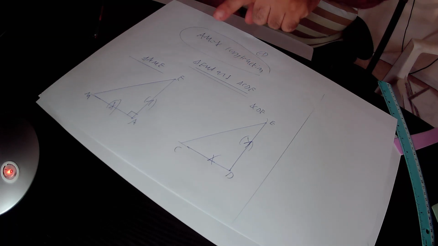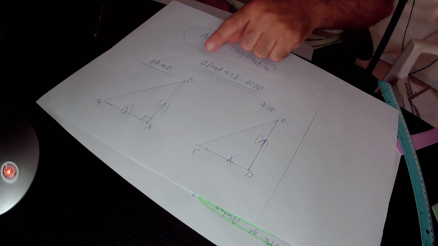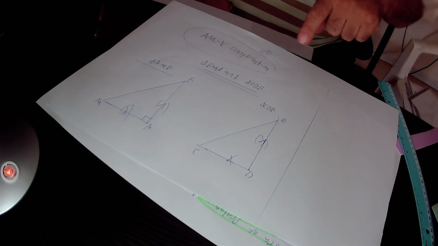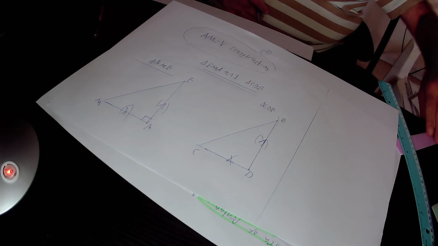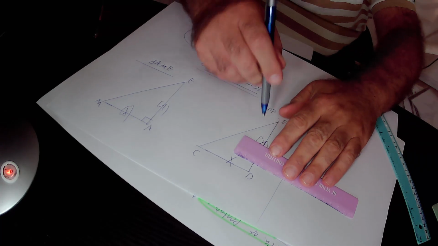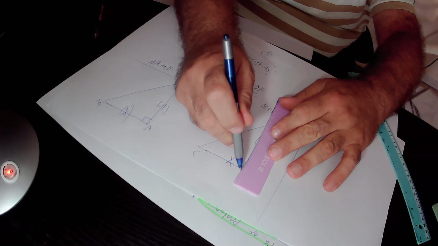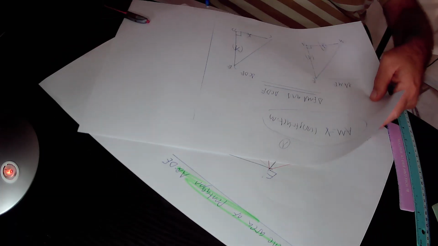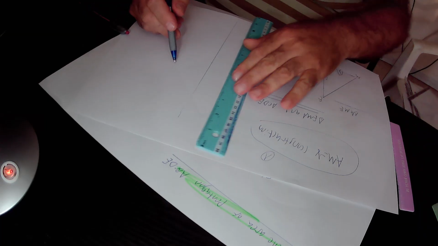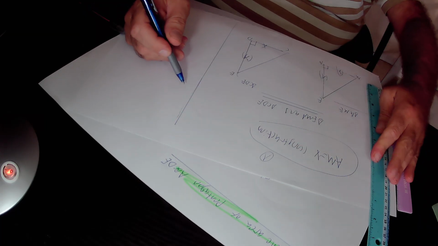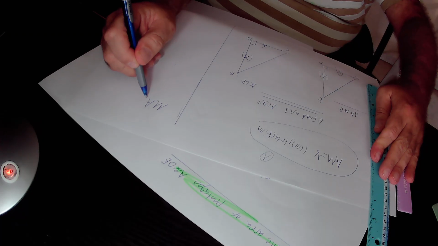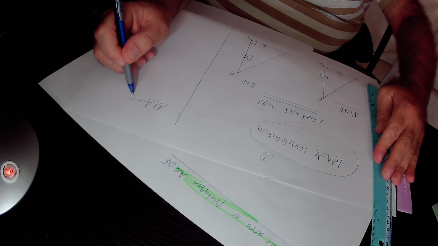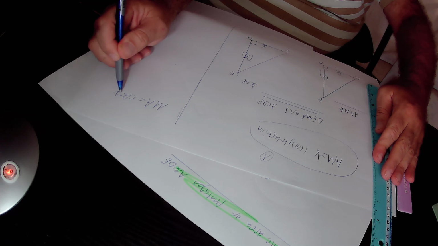First of all, side AM of the right triangle EAM is equal to side CD of the right triangle EDC. They are both equal to x and therefore they are equal to each other.